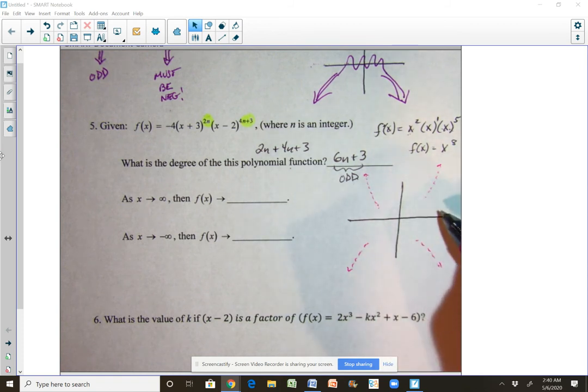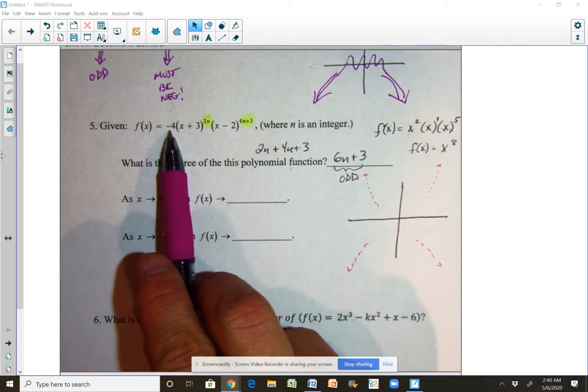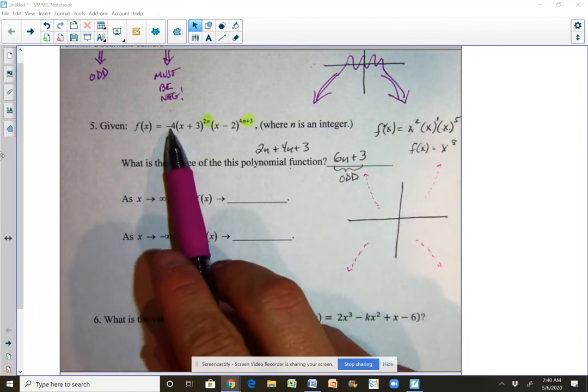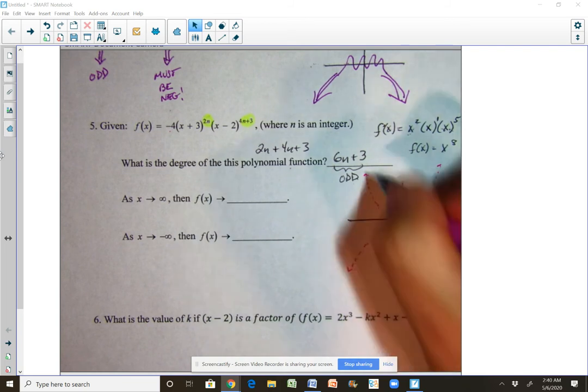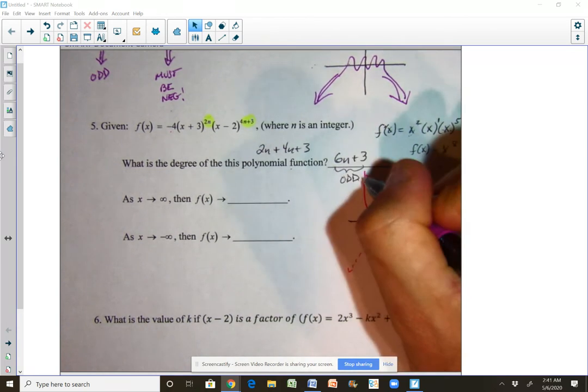And how do we know which one it's going to be? Well, if you remember, the leading coefficient will determine what's happening in the long run behavior. For a negative leading coefficient, that means it's going to be going down as you go out towards positive infinity in the x direction. So this graph has to do something like this. It's got to be in that shape.